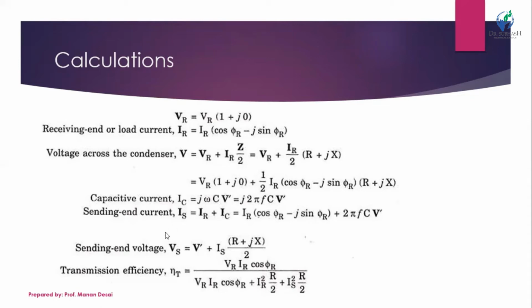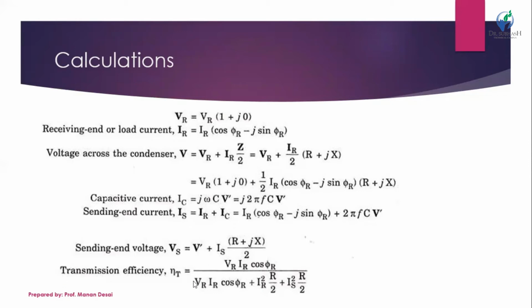Now calculate the sending end voltage Vs. Vs means the total voltage across the condenser V, and V means VR plus IR Z by 2. Ultimately we have V equal to VR plus IR by 2 times (R plus jX), so we can put that here.